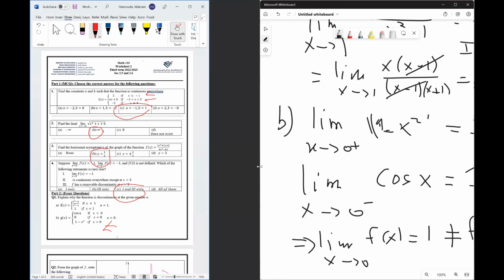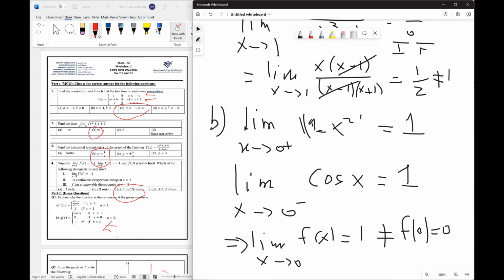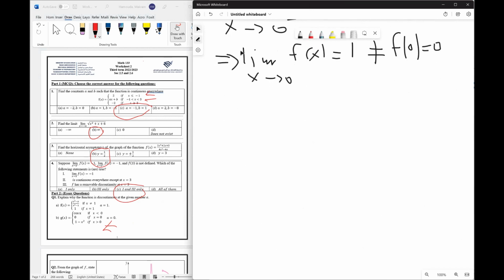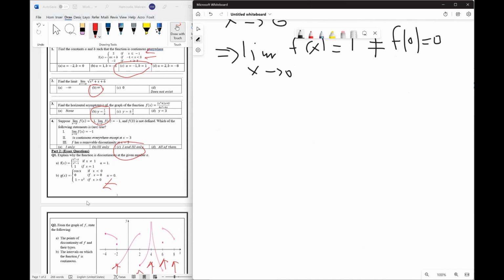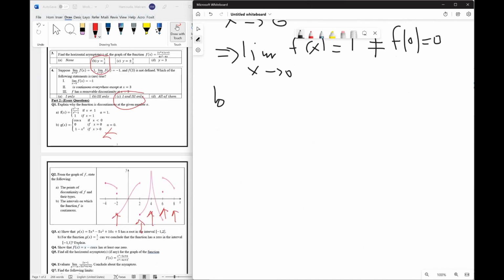Okay, so interval by interval, we will see the continuity here. Okay, so question B. The first interval, since it is closed, -4 till -2 open.